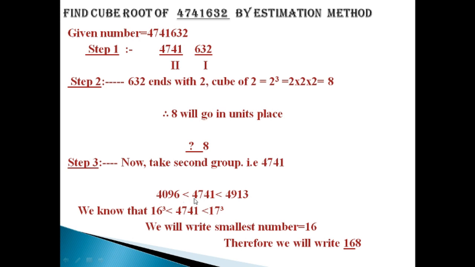One is less than 4741 and one should be greater than this number. 4096 is the cube of 16, and 4913 is the cube of 17. Which number is smallest from these two numbers? 16 is smallest. So you will write 16 here at this place.